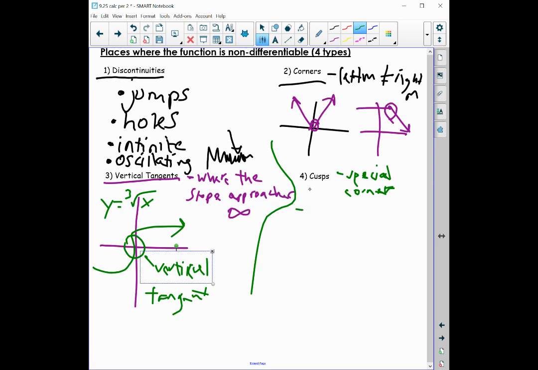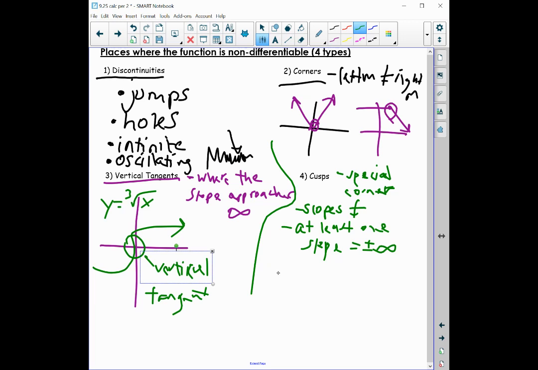So we can say slopes not equal, and at least one slope equals plus or minus infinity.